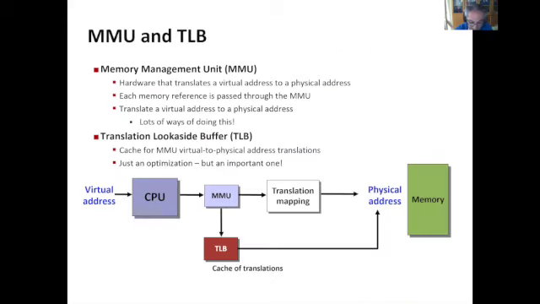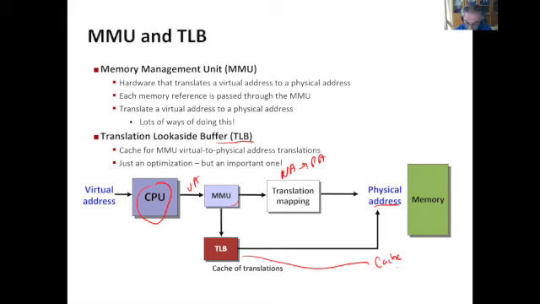So the idea is as follows. Here's our CPU, and the CPU works with virtual addresses. And we have the memory management unit, which does a translation from virtual address into physical address. And then with the physical address, we get access to the memory. And then we had this TLB, the translation lookaside buffer, which we have learned about. So what's a TLB? It's a cache. And what does it cache?